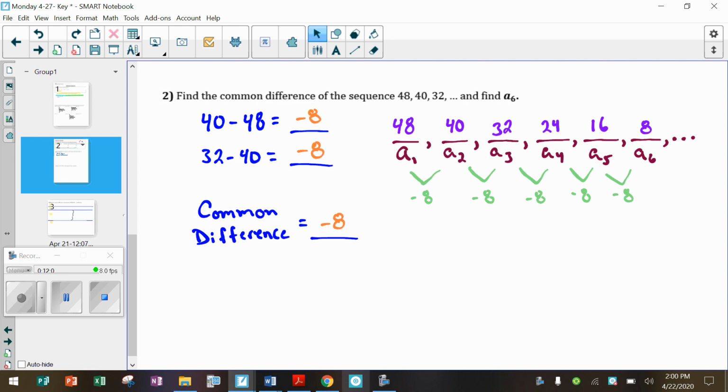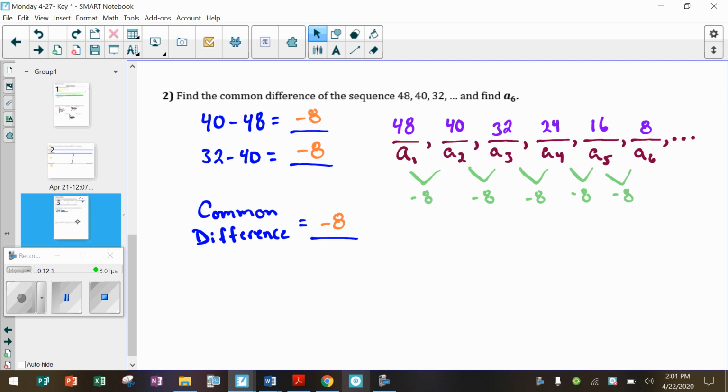Now, if you want a slightly different way to do this same problem, because perhaps the term we're looking for is way far up the list, and this may just take too long to keep doing over and over, there is another alternative.